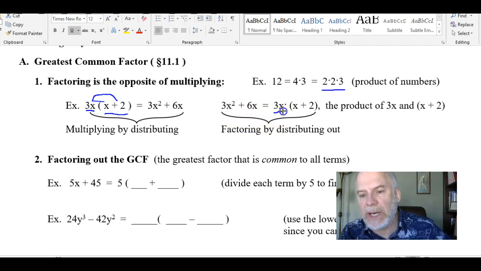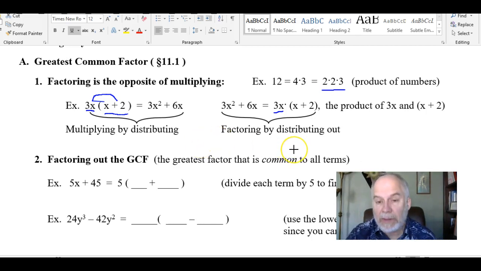So my greatest common factor is 3x, and I pull that out, just like doing the opposite of distributing it in, and I get 3x times x plus 2. And you can see that if I distribute it back again, I get the original value. So factoring out is just the opposite of multiplying the factor into it.